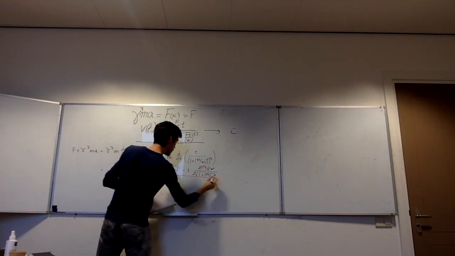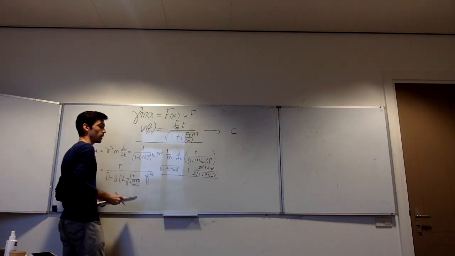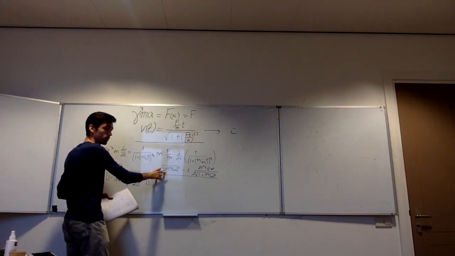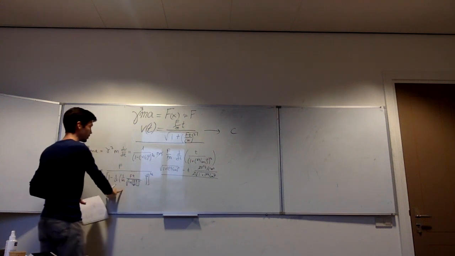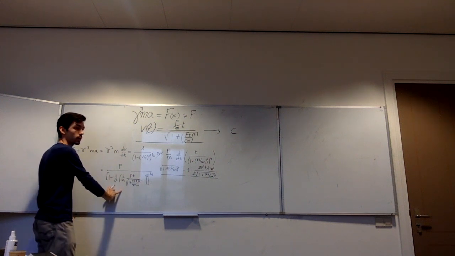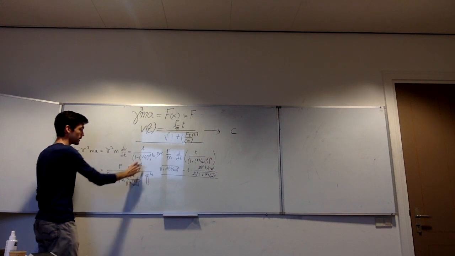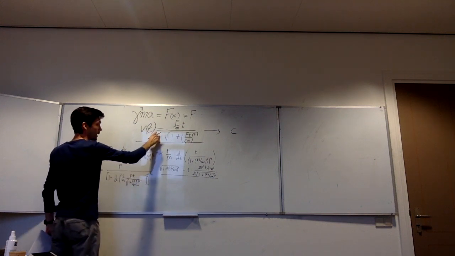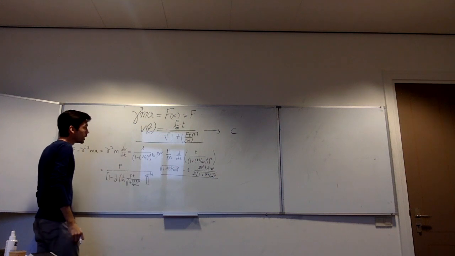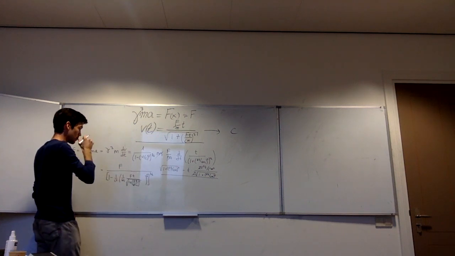Just your first term? Is it already derived? Do you mean this one, the F thing? Did you just replace the v with the expression here? So you've taken your F, which is gamma to the 3 times ma.